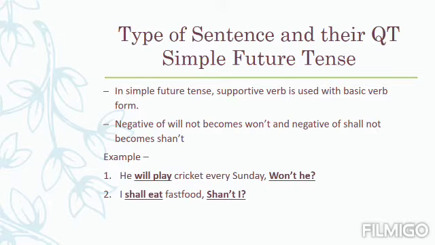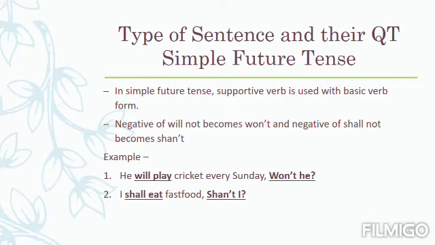He will play cricket every Sunday. Here the sentence is in simple future tense. The sentence is a positive one. Its question tag will become negative one. Here the supportive verb will has been used.